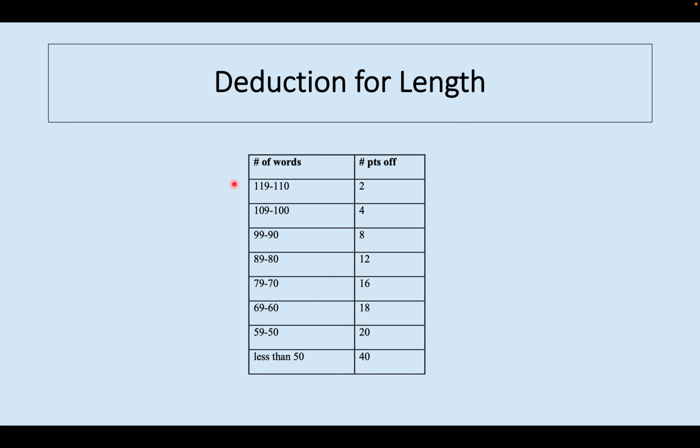Plus, there's only so much each marker is able to mark. You want to write in a concise and organized way. So you should be making an outline of your thoughts, a draft, and writing concisely and not going too much over the word count. So that is the deduction.